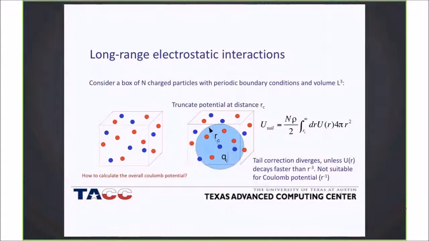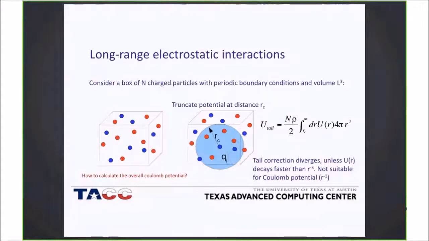The tail correction can be calculated with an integral shown on the right side. This method works well for van der Waals energies. However, it is not suitable for Coulomb potential, since it decays too slowly as 1/r. More advanced techniques are needed for Coulomb energies.